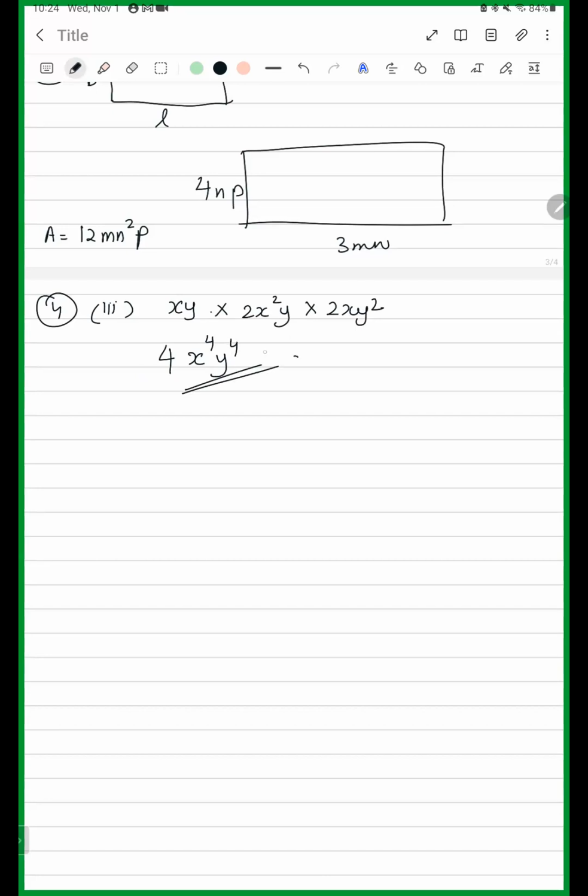Then the fifth one is also simple. Obtain the product of this and this. Okay, you can do this. Tell me how to do the last one, the fifth question. M comma minus mn comma mnp.